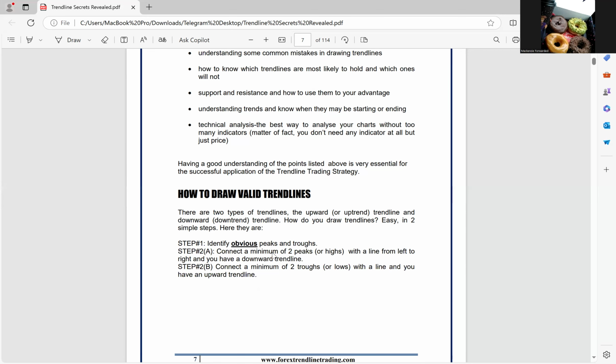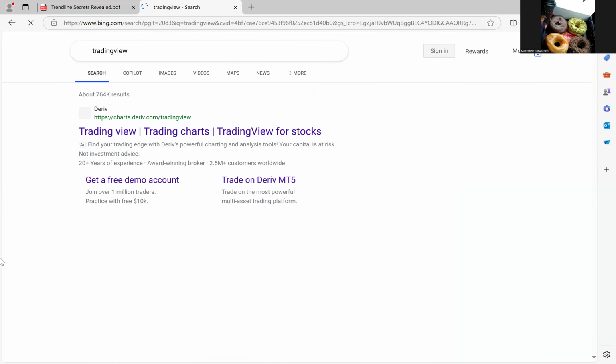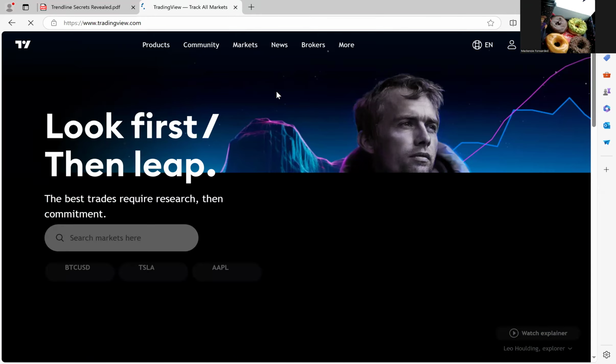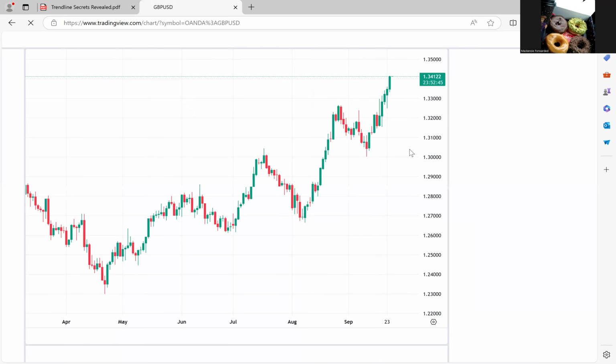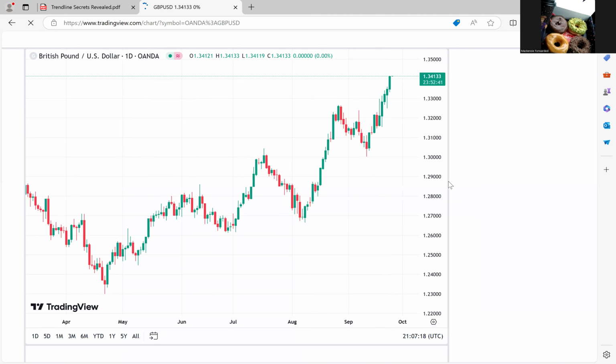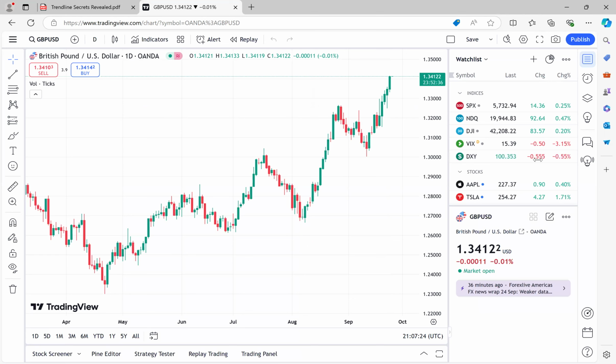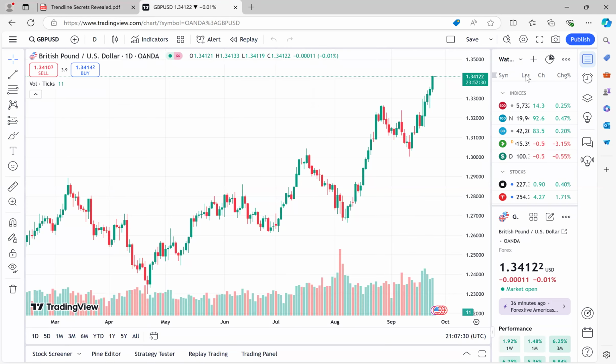So left to right, let me go on my TradingView and show you guys. Let's take it together so you get a clear understanding of it. We have our charts. We have our watch lists.